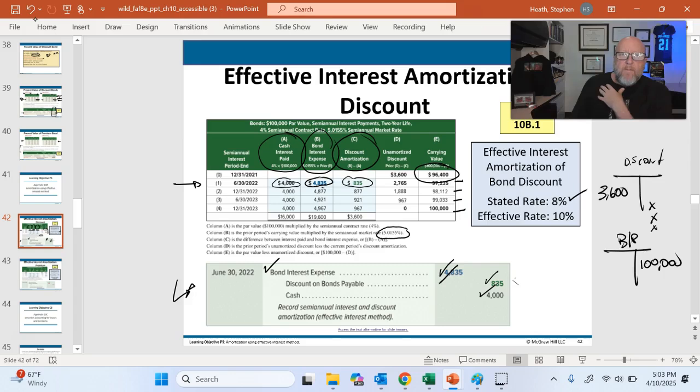It's going to be 4,877. And then my discount, it's not going to be 835. It's going to be 877. And then the interest payment, that will always be 4,000. Okay. That is the effective interest method.